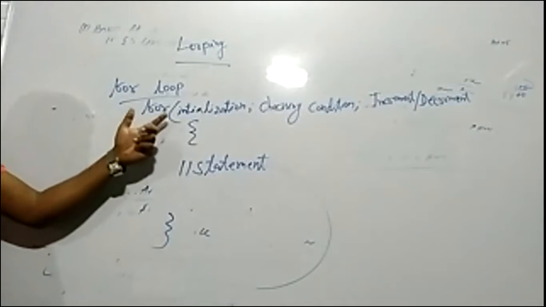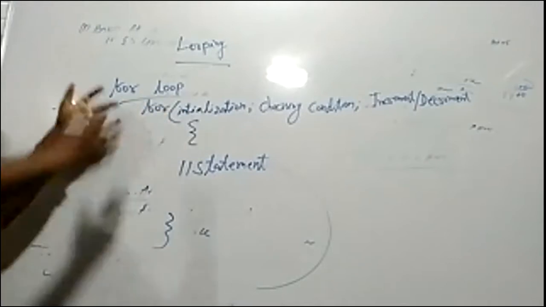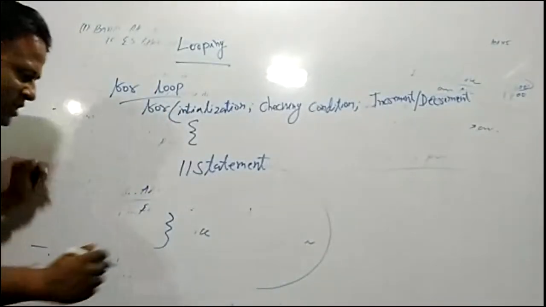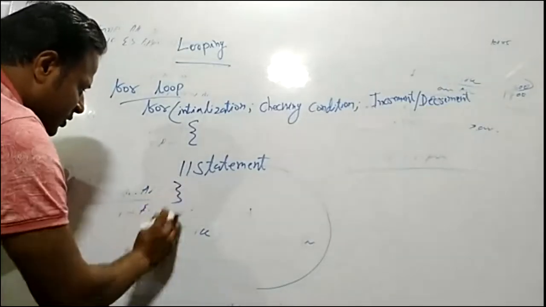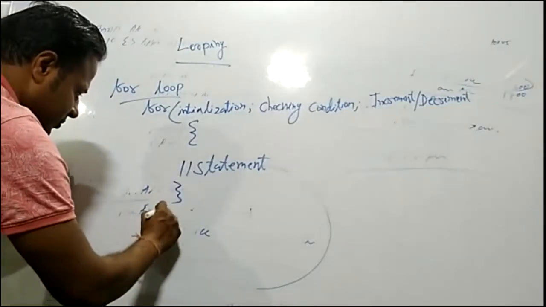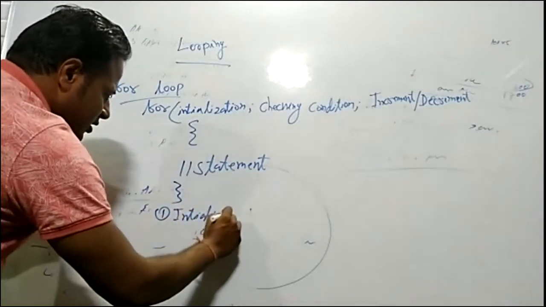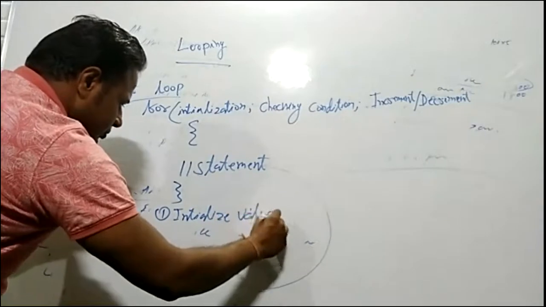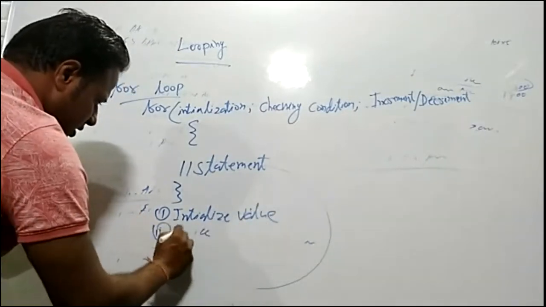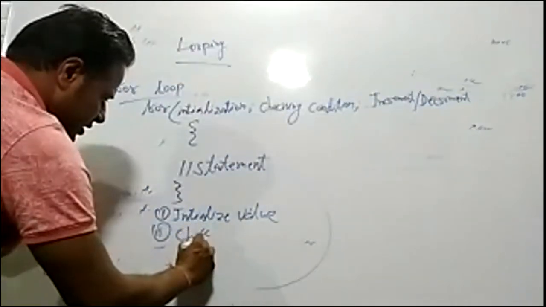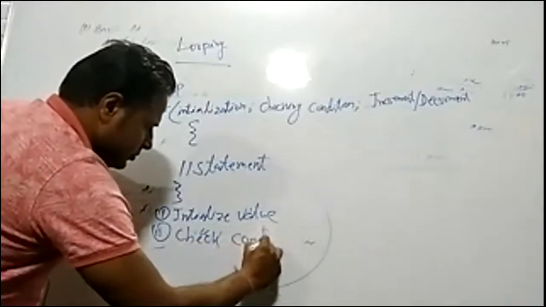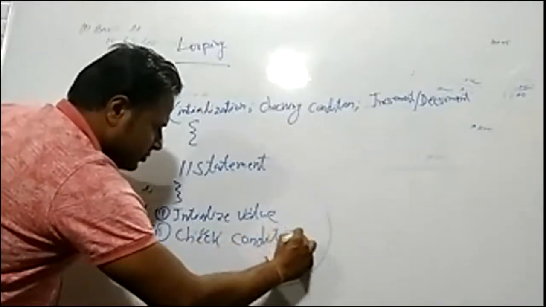Here what happens when you are going for a looping: the first process, as I have written here, is initialize value, then check condition.